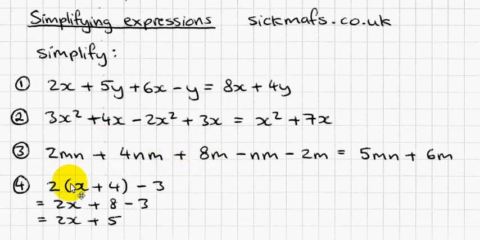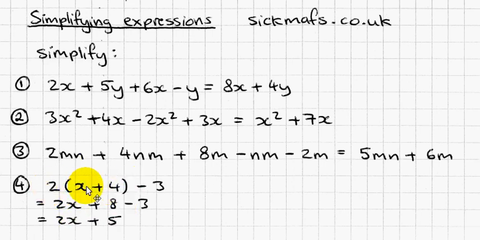Now we've got this thing going on here. So we have to multiply out the bracket. If you don't know how to multiply out brackets, there will be another video about that, so check that one out. Multiplying is very simple though. It just means 2 times each number inside the bracket. So 2 times x is 2x, 2 times 4 is 8.